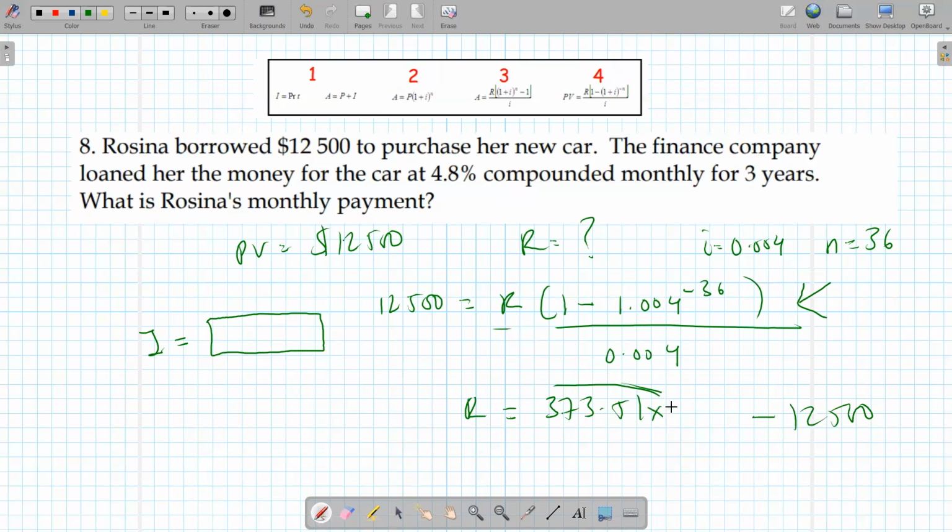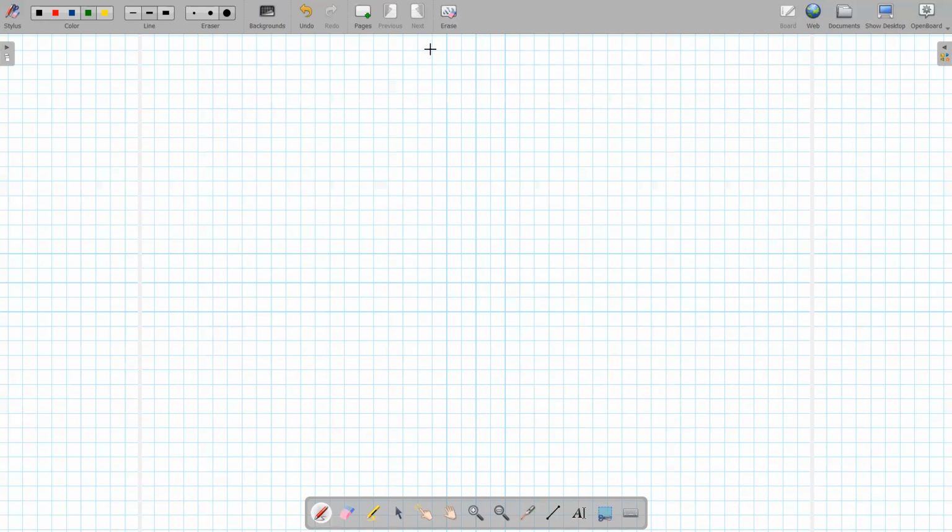She pays it 12 times a year. How many years? 3 years. There you go. You do this minus 12,500. $946. Yeah. And that's the interest she pays, which is okay, I guess. Over 3 years, $1,000 for a car isn't that bad.